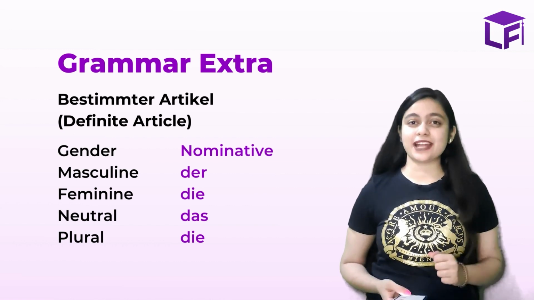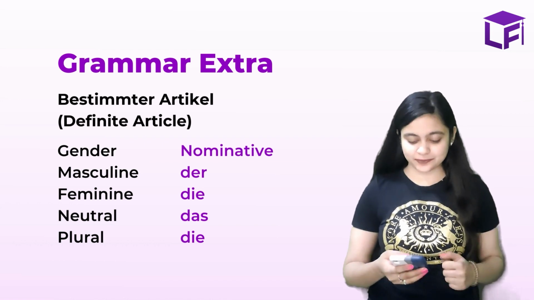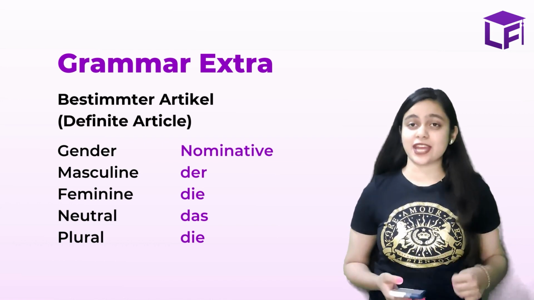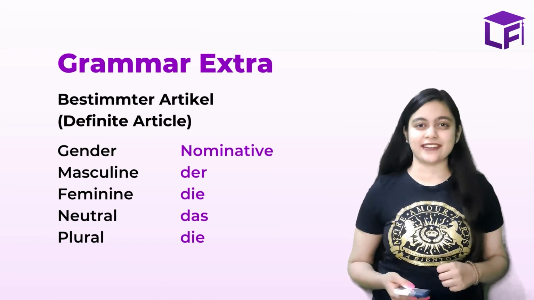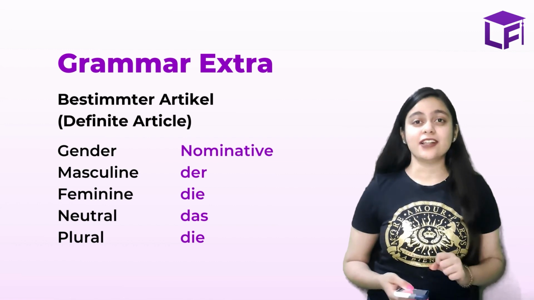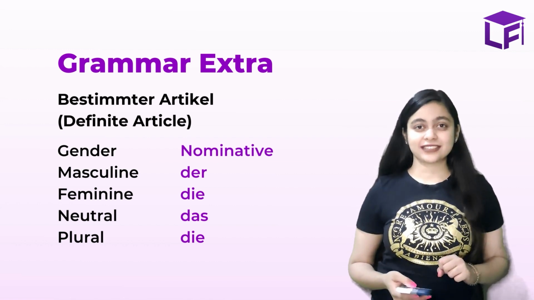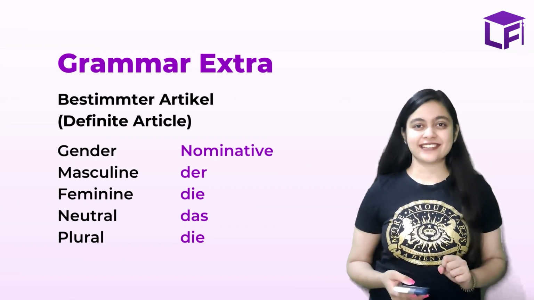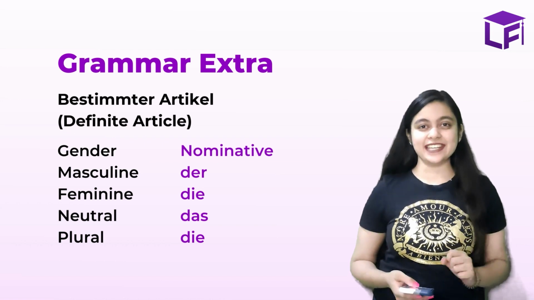The table that you can see clearly states that we have 3 genders, namely the masculine, feminine and neutral gender. In the nominative case, the article for the masculine gender becomes der. The article for the feminine gender becomes die.